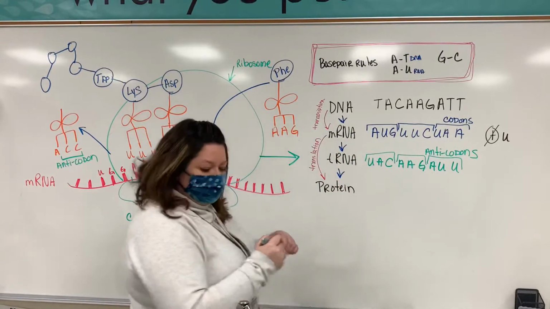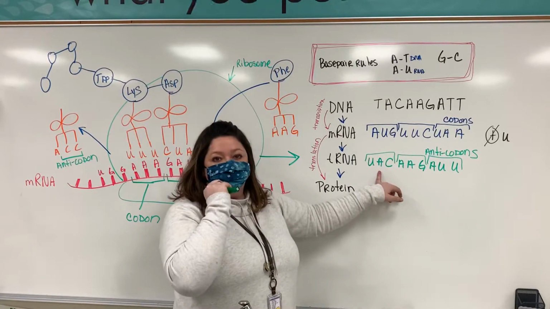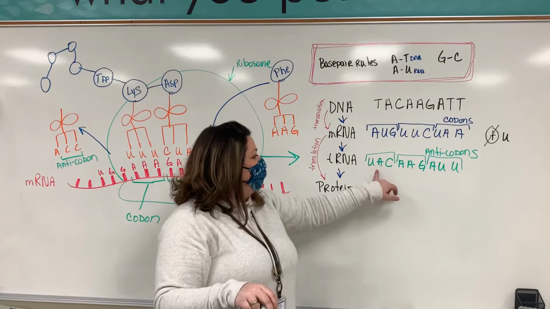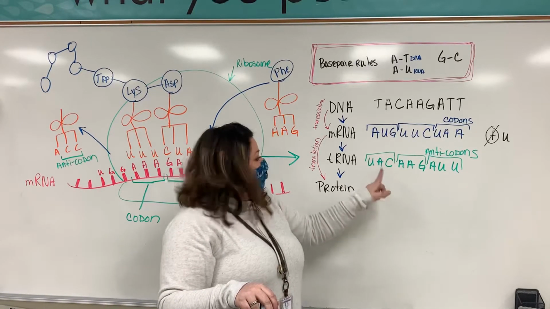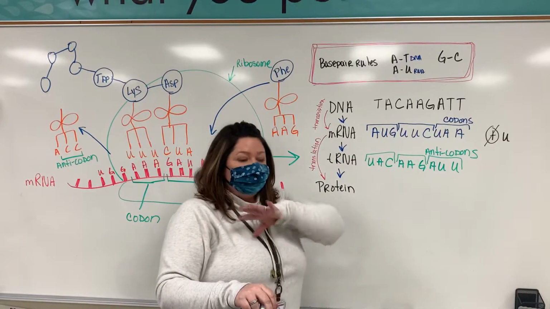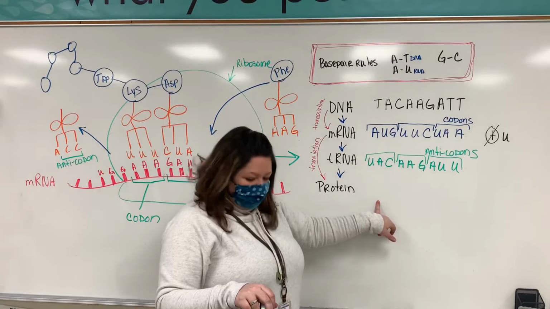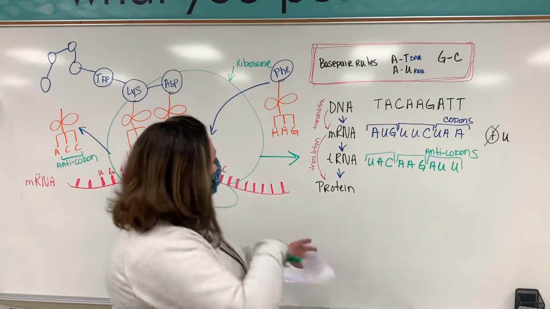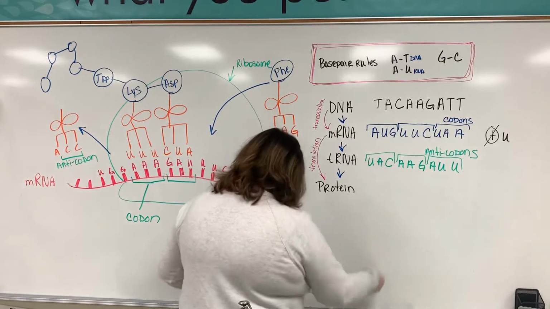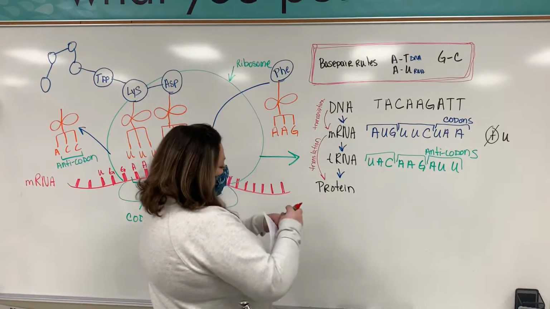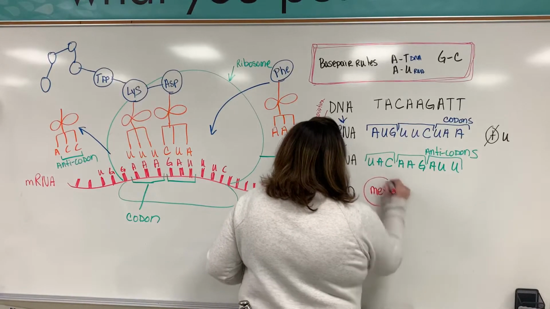And now your POGIL that you're going to do today is going to show you how to read the charts, and we all know, because scientists have figured out which code brings which amino acid. I've already looked this up, but basically you're going to look up UAC, and UAC codes for methionine.